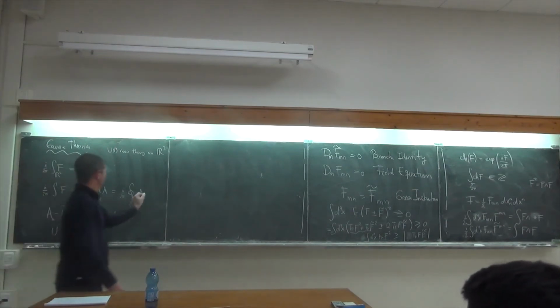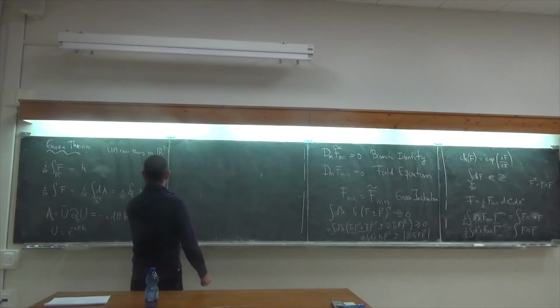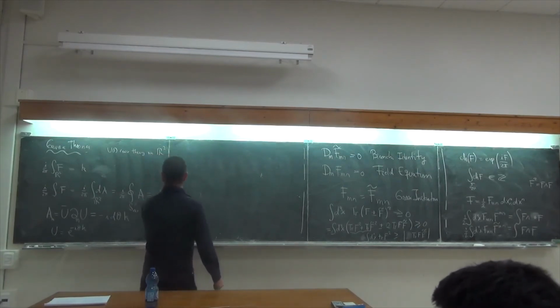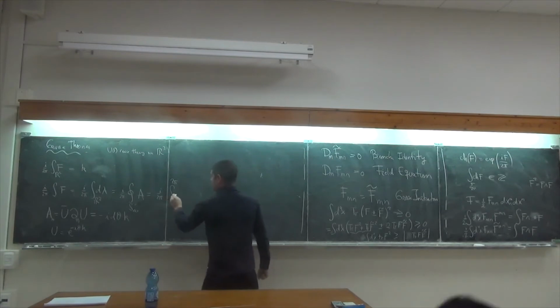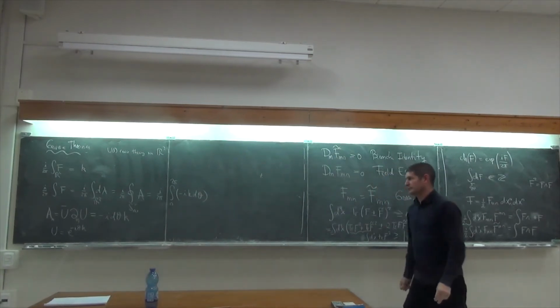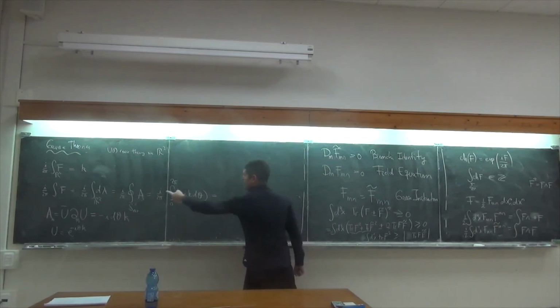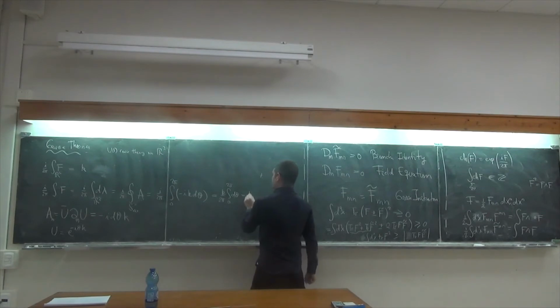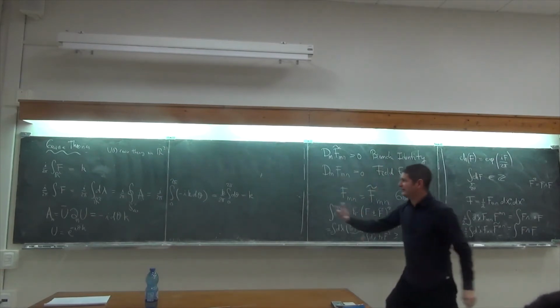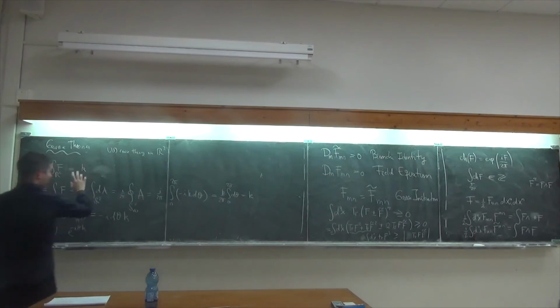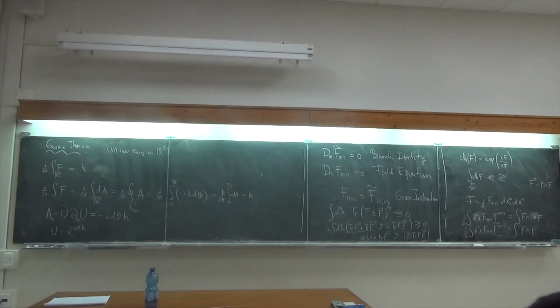I plug it here. This is i over 2 pi, integral between 0 and 2 pi of minus i k d theta. This is minus i times i, which gives plus 1 over 2 pi, times k, integral between 0 and 2 pi of d theta, which is k. Therefore, you see that this integer k, first, is an integer, it's the first Chern class.